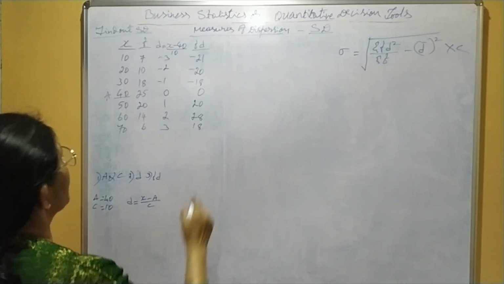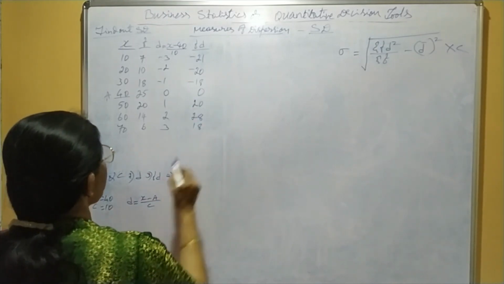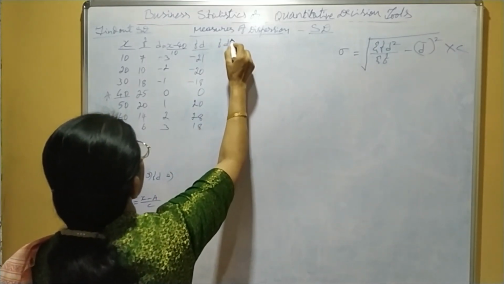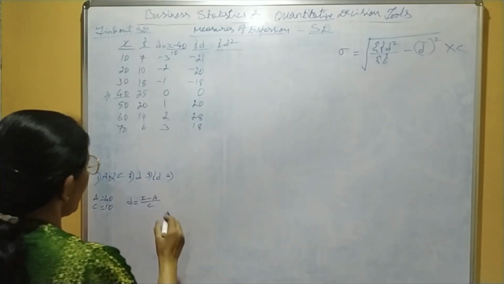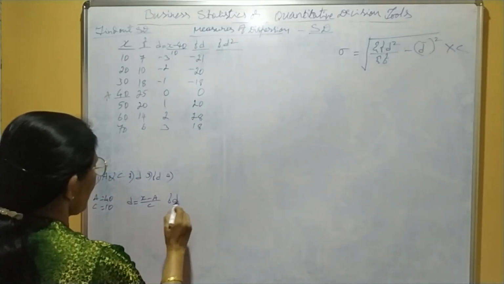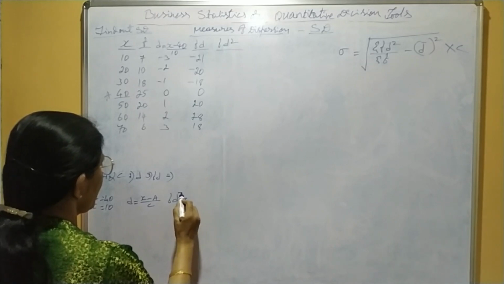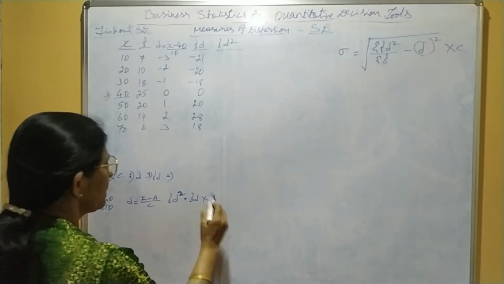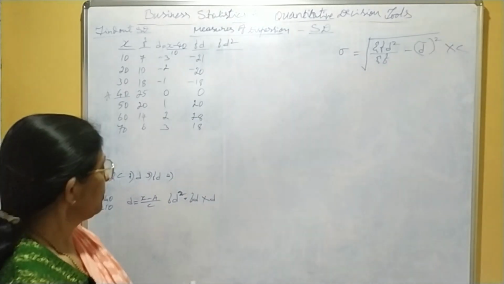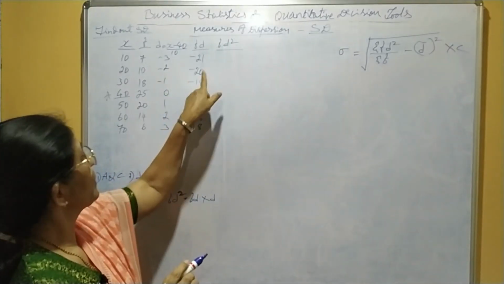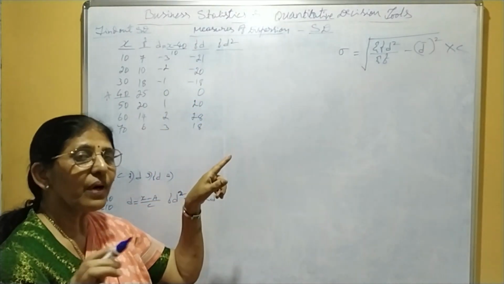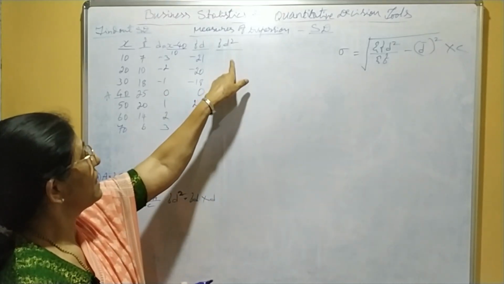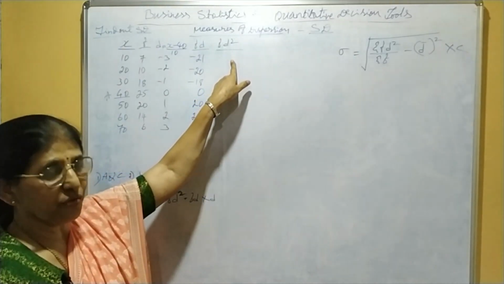Okay. Now, next fourth step is FD square. Now, FD square means how do you get? FD square equals FD into D. I have already told you, if you take FD into FD, then we will get F square D square. What we need here is FD square.